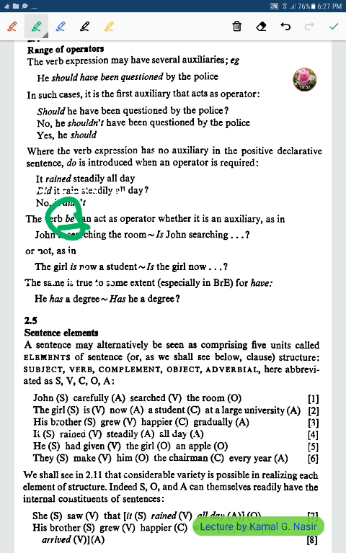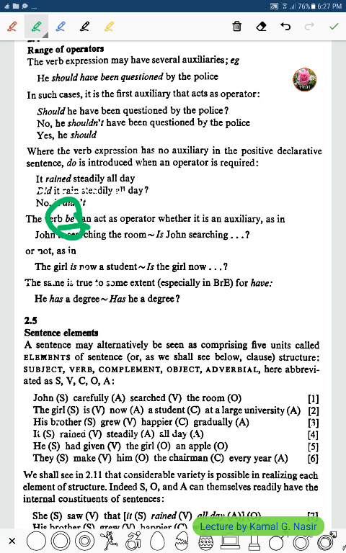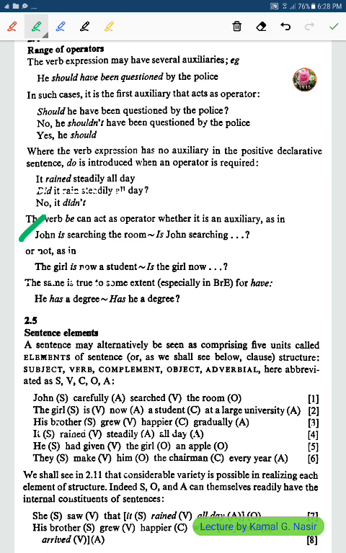All these are forms of be. What is the basic form of these? It is be. Good.